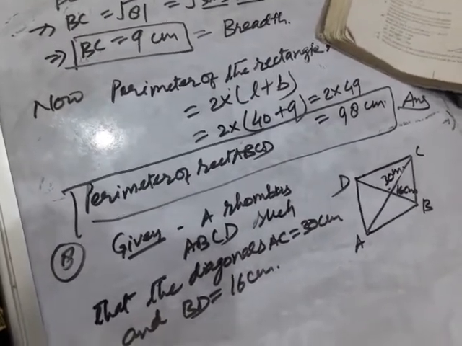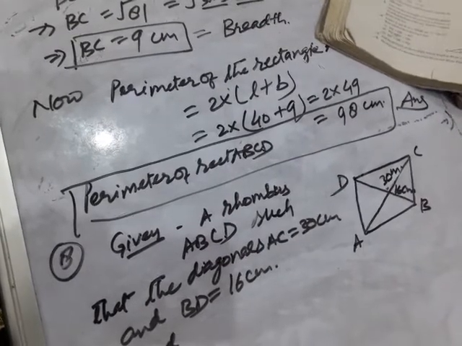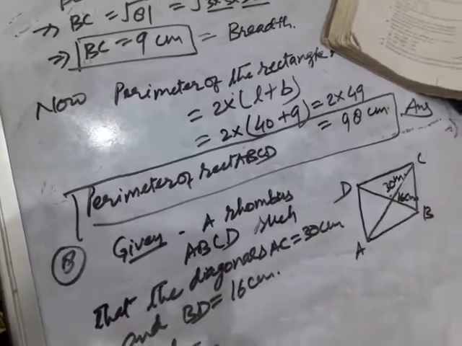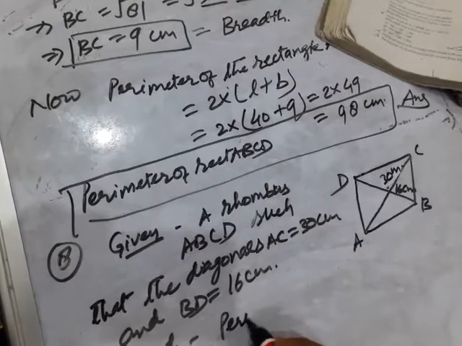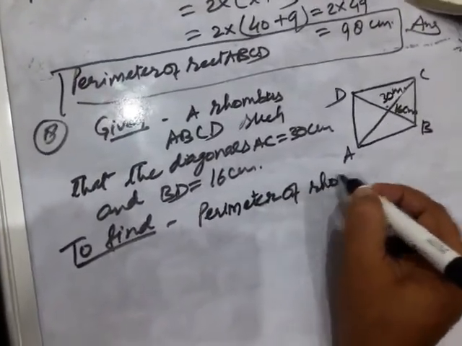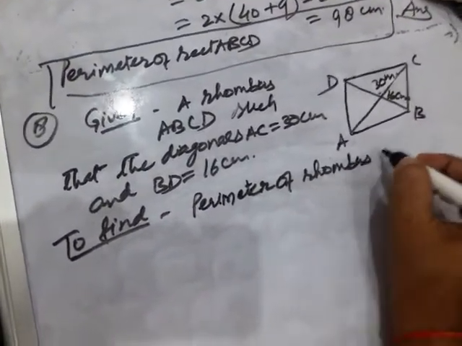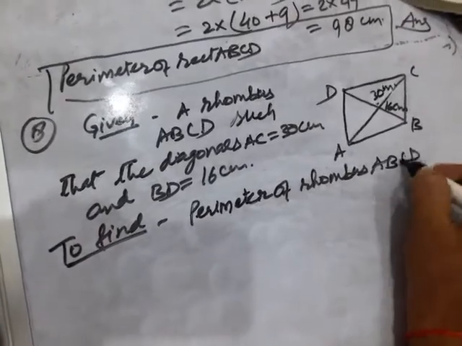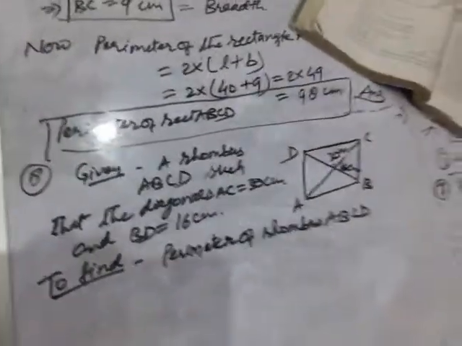What we have to find? We have to find out the perimeter of rhombus ABCD. Let us find, children.